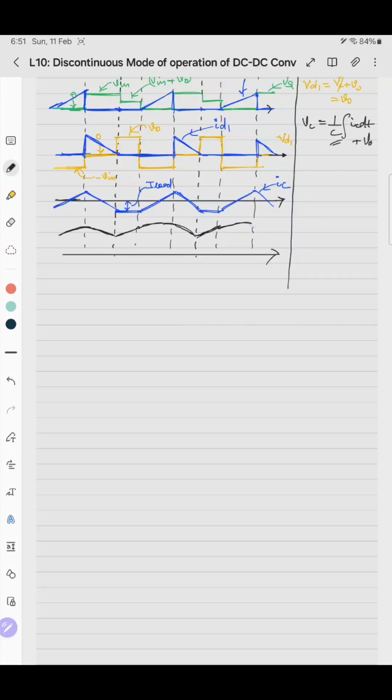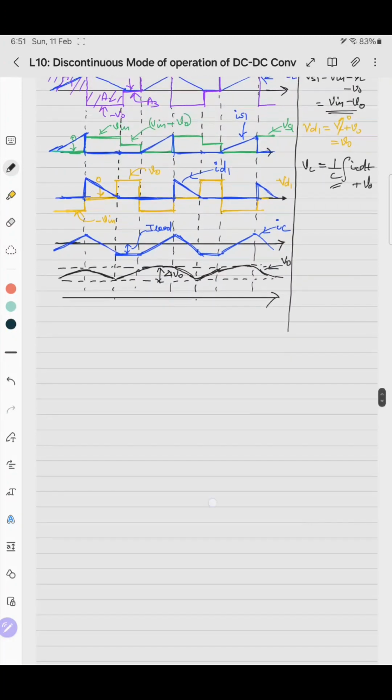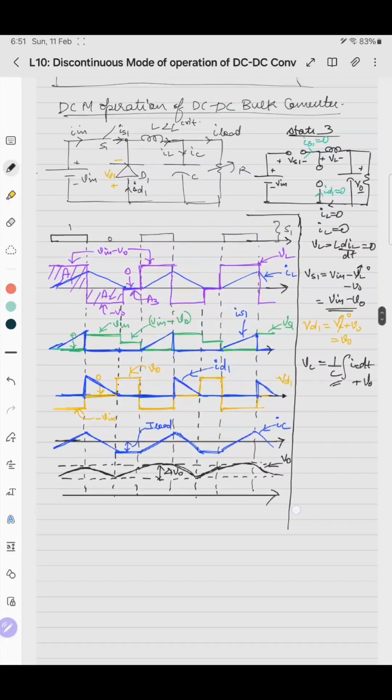Again a rising parabola, a falling parabola. So this is the delta V naught. This waveform belongs to V naught. So like this we have drawn all the waveforms.